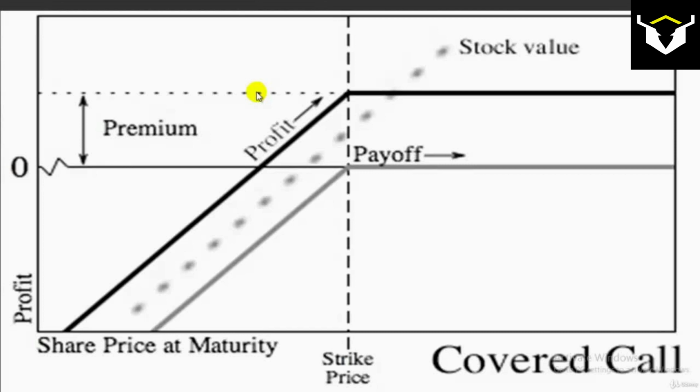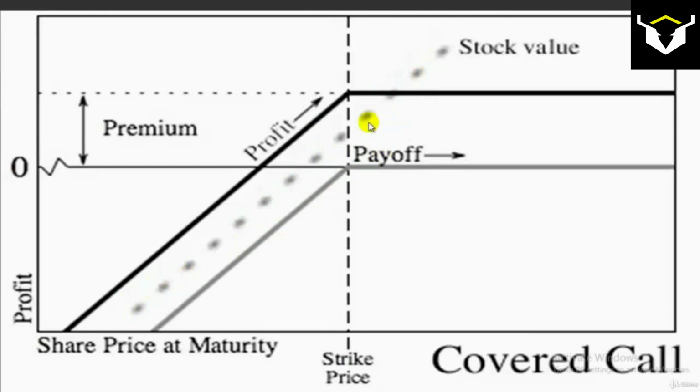Following is the chart that will tell you how a covered call acts. This line in the center is the strike price where you have your call option sold, and this cross line, the dotted blurred line, is the stock value.